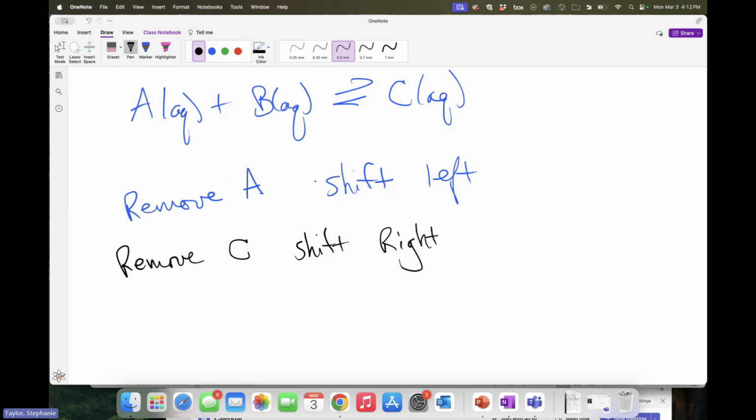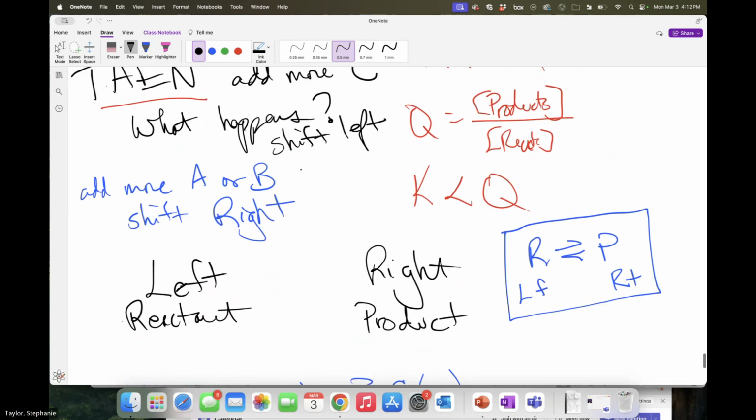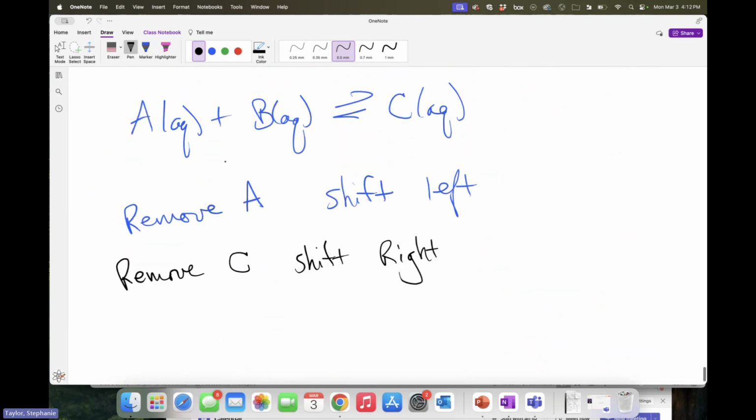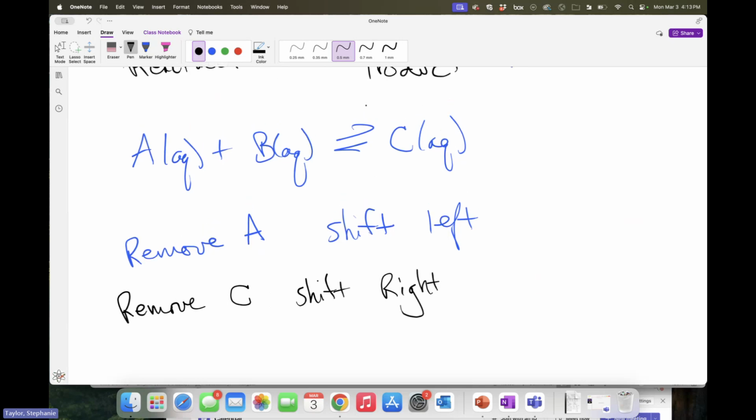But the actual question that was asked was about temperature. So let's go ahead and talk about that. But talking about shift left and shift right for products and reactants is what we need first before we talk about dealing with temperature. So we're going to use the same equation, but now we're going to add some information. We are going to say that the delta H for this is -10 kilojoules per mole.